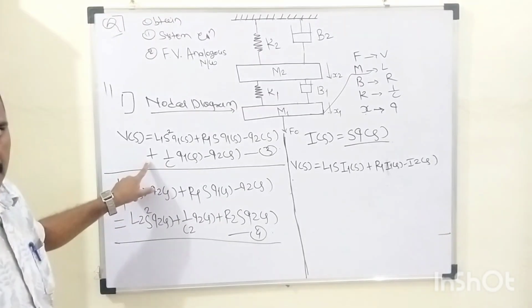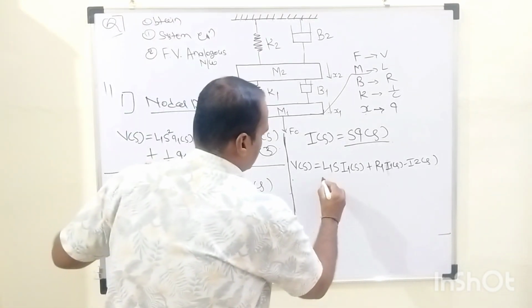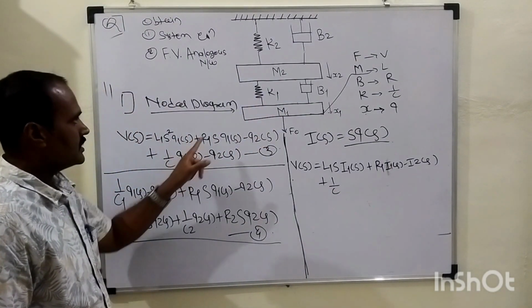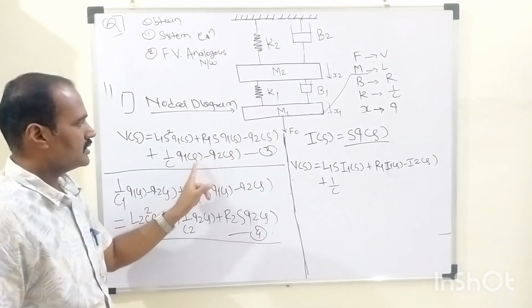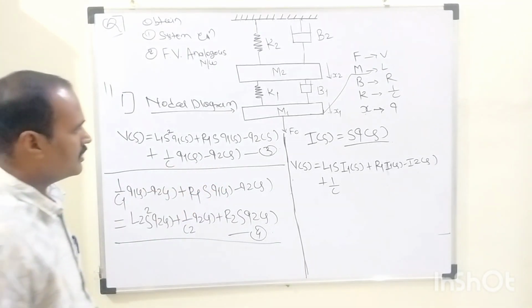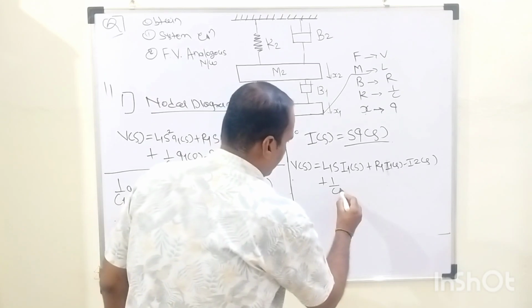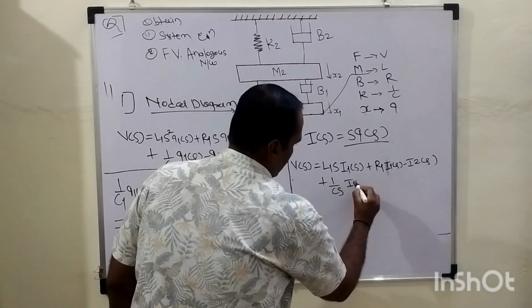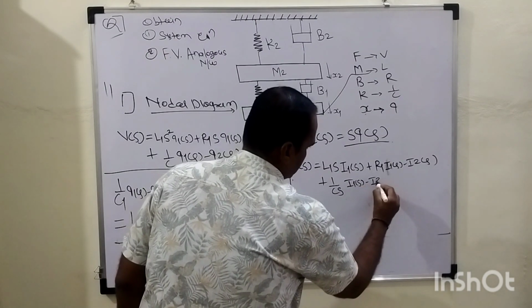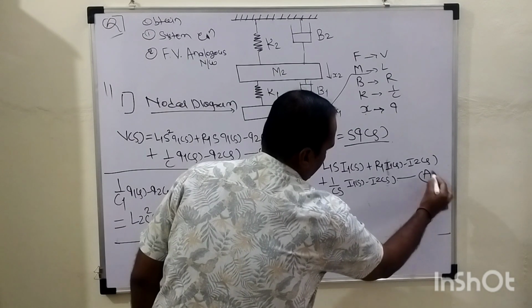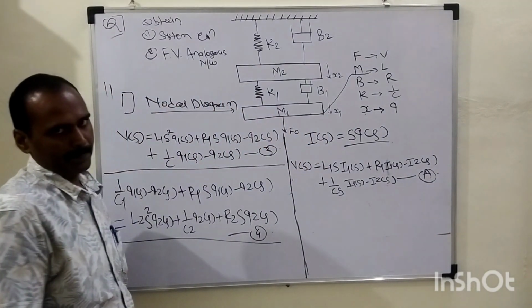Plus 1 over C into S into Q of S equals to I of S, right? Here we don't have this S term, so it will become 1 by C into S followed by Q1 of S, means I1 of S minus I2 of S. That can be treated as equation number capital A, right?